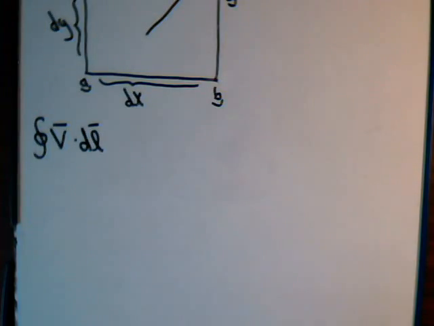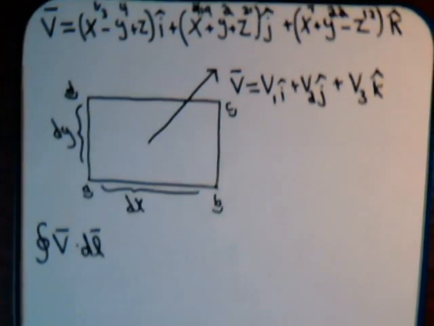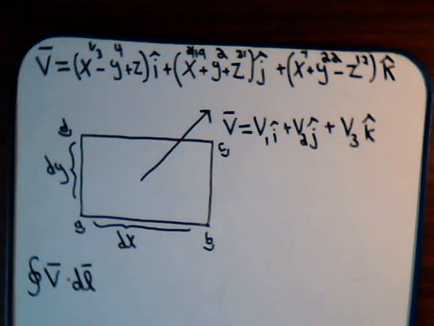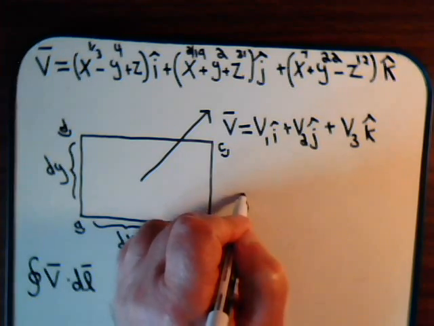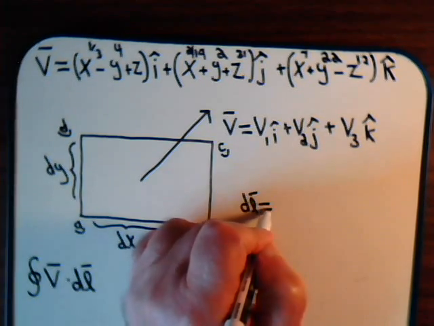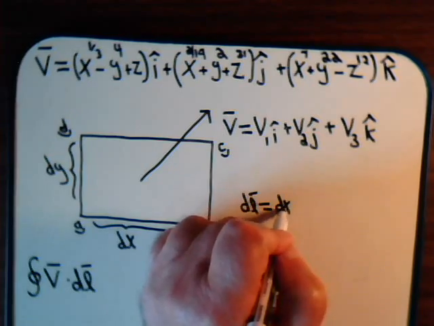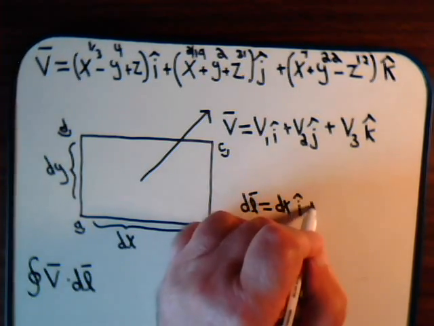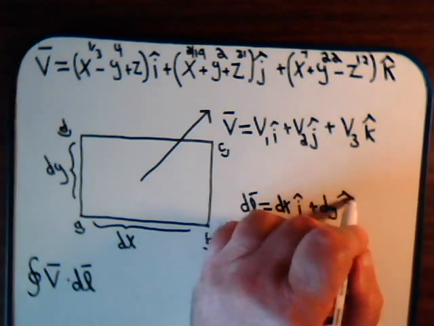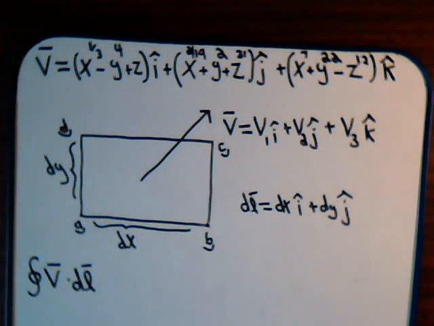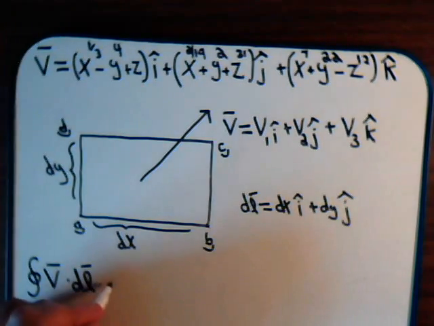So here, v dot dl, where dl, in two dimensions, is dx i plus dy j. So we take the dot product of this with our three-dimensional vector, and we're just going to have v1 dx plus v2 dy.